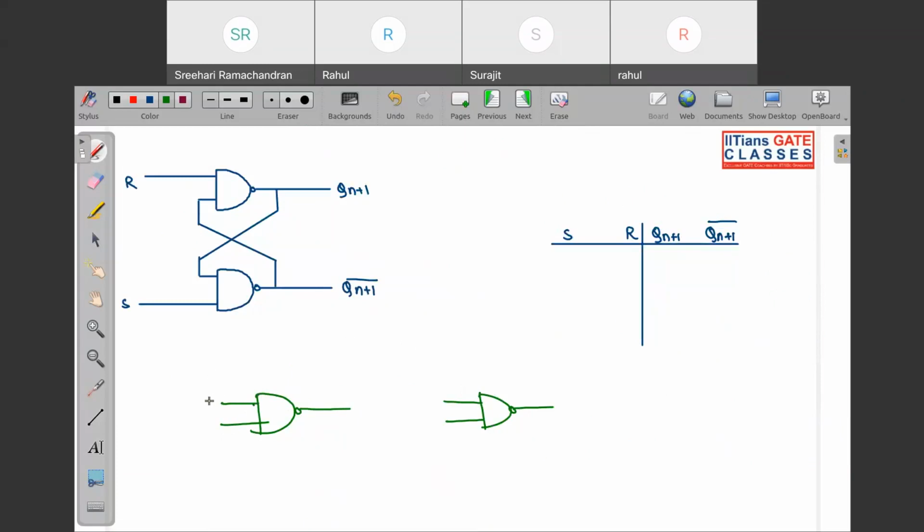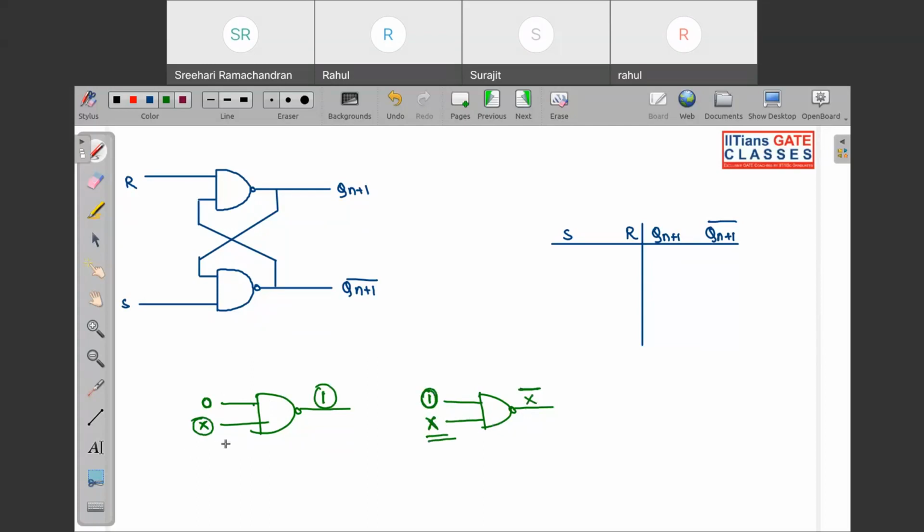Look, if one of the inputs of a NAND gate is 0, it doesn't matter what the other input is, the output will directly be 1. But if one of the inputs is 1, now you need to see what the other input is, and only then can you comment about the output.